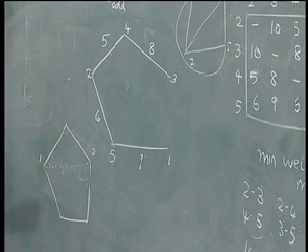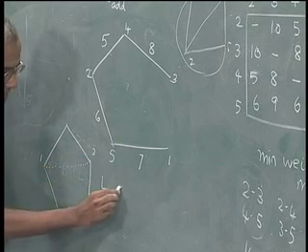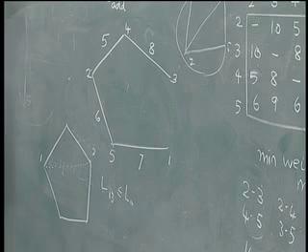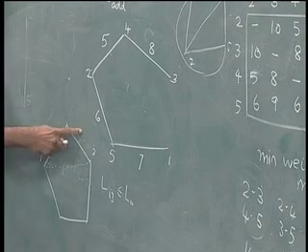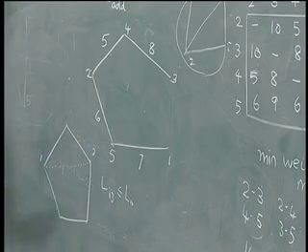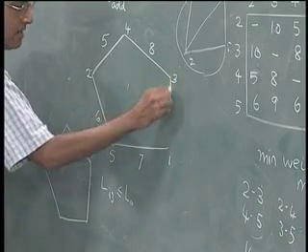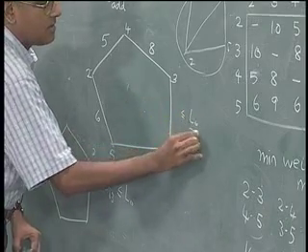So, by triangle inequality, this L 1 3 is less than or equal to L naught, because L 1 3 is less than or equal to this plus this. Therefore, L 1 3 is less than or equal to L naught. So, simply adding 1 3, again we are adding a quantity that is less than or equal to L naught by 2.